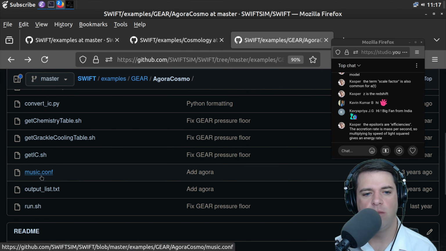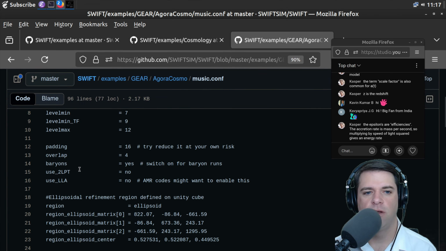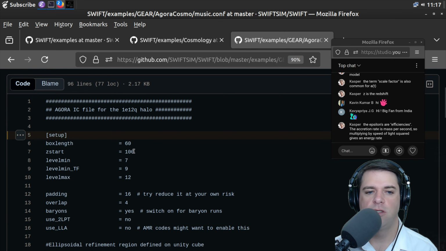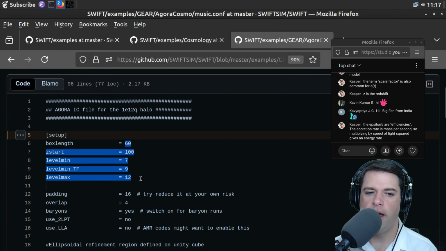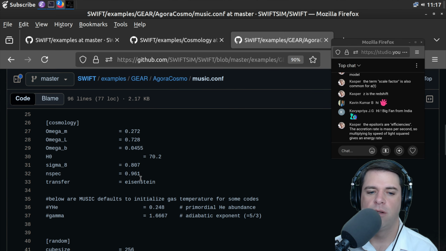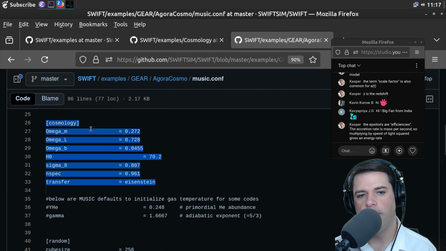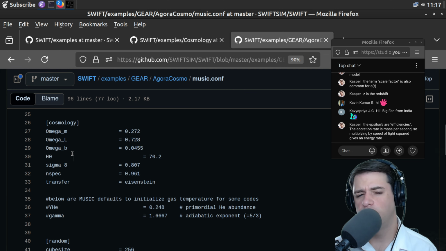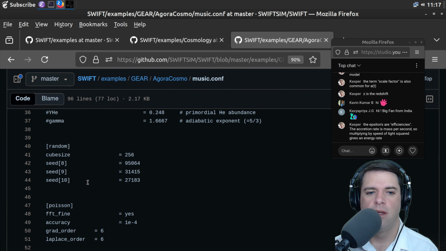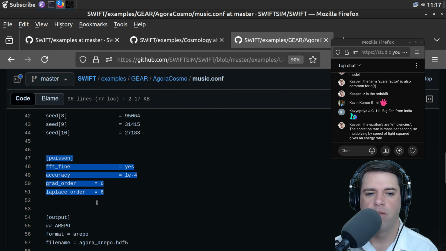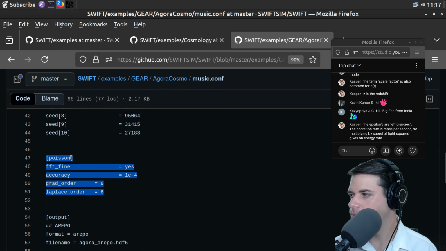You've got get IC, music.conf. Let's look at music.conf. This is configuring some stuff like box length, level max, padding, overlap. I don't really know what any of these are. These are like cosmology things. Omega M, Omega L, H0 is maybe the Hubble thingamajiggy. And this is maybe configuring something about Poisson. Poisson what?